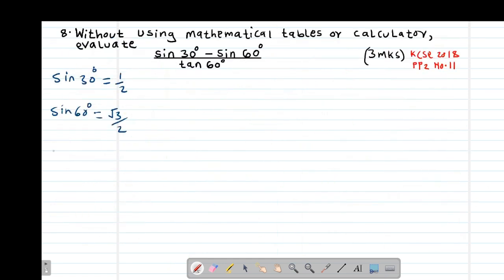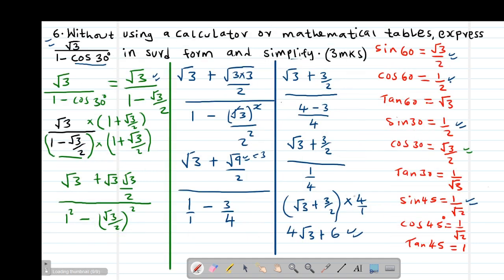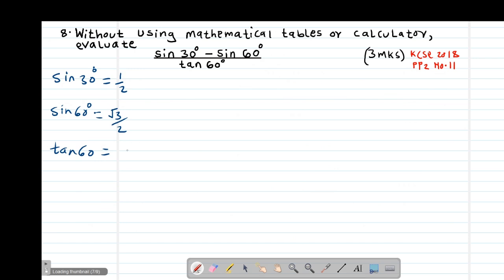Then we also need the tan of 60. We can cross check: tan 60 degrees was root 3.